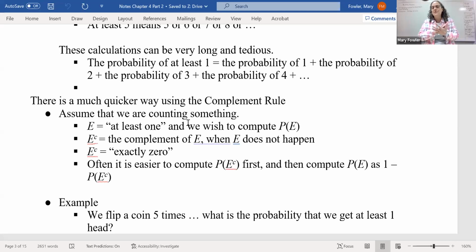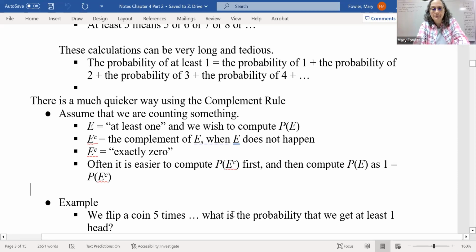I might have misspoke, but integers start at 0. So E complement is the event that E does not occur, and so it's going to be exactly 0. So it might be easier to calculate the probability of exactly 0 and get to the probability of E, at least 1, as 1 minus the probability of 0.